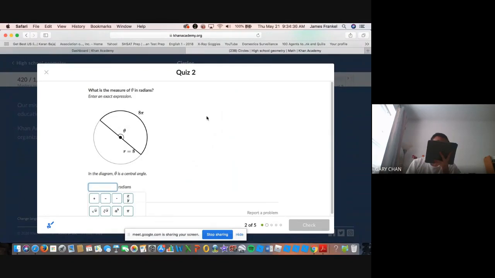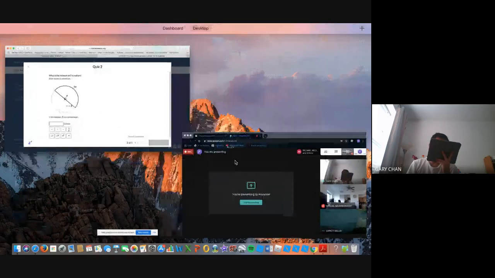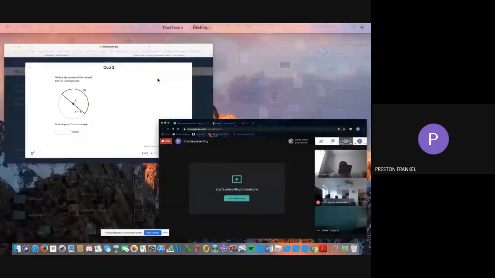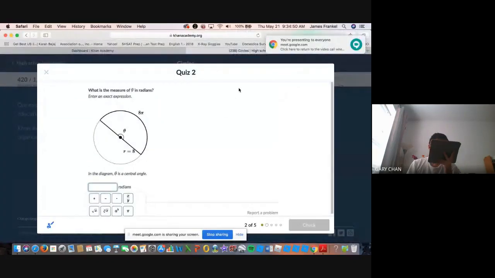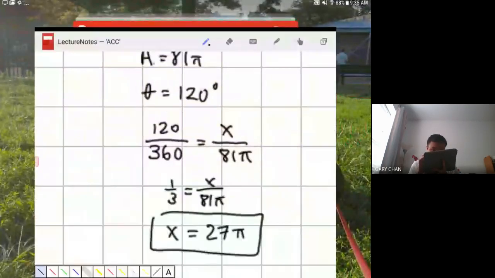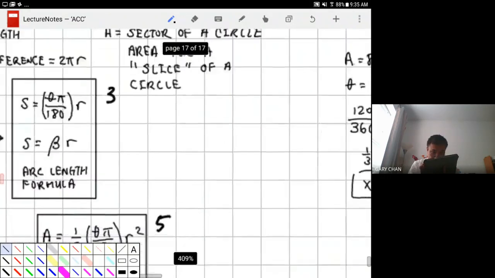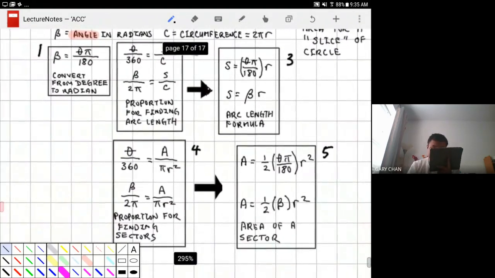So what is the measure of theta in radians? You're given that the radius is 8, and the arc length is 8 pi, I'm assuming. So again, like I was telling everyone, we have all these formulas that we've worked with in the past week to 2 weeks.